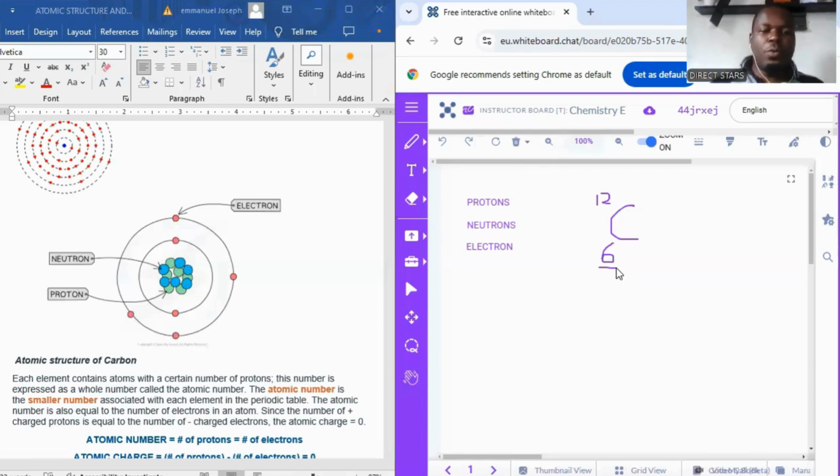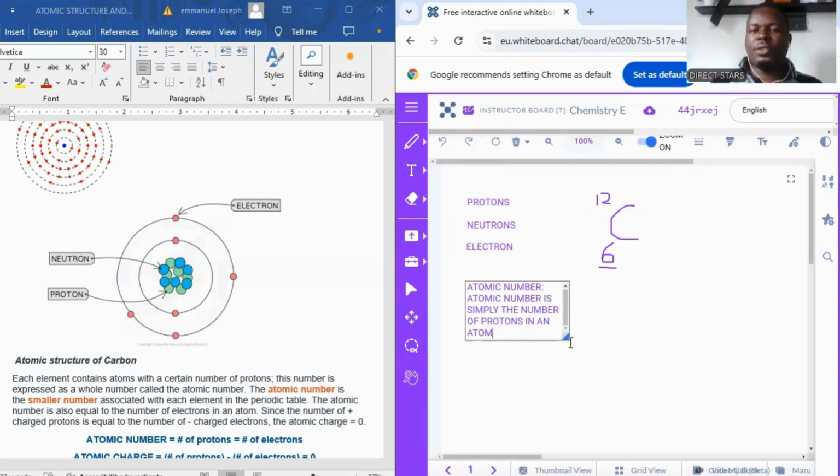Okay? So, and the atomic number can simply be defined. Atomic number is simply the number of protons in an atom.